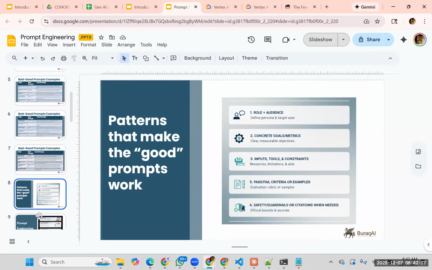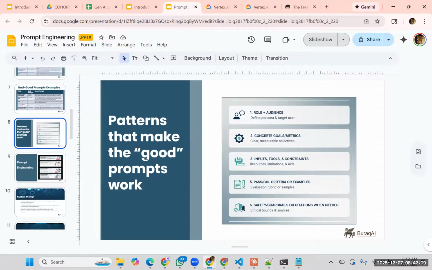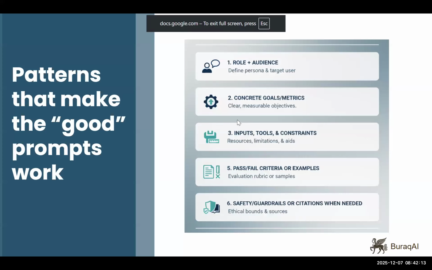That's good lessons learned. So now, good prompts. When you write a prompt, you give a role and audience. You give a persona to the model, like we just said, you are an account manager or you are a Java architect specialist, whatever it is. Then you give the goals and metrics. You can give the resources and limitations that you have, resources in the sense you can connect to the internet and all of that.